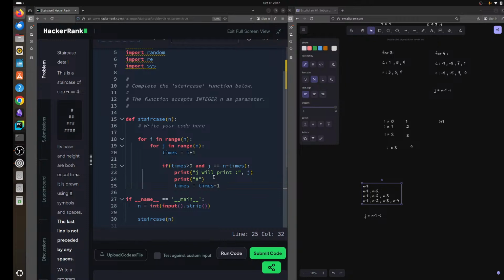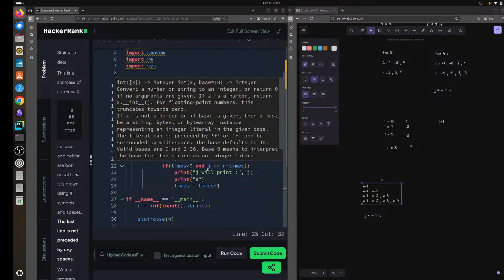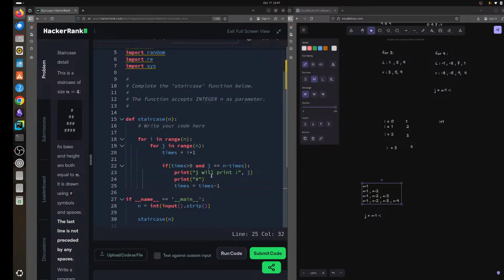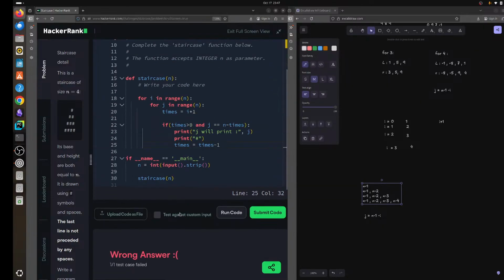Now j equals n minus times. Wait, j is equal to n minus 1 times n minus 2 means, obviously, no, it's not in the fourth place.